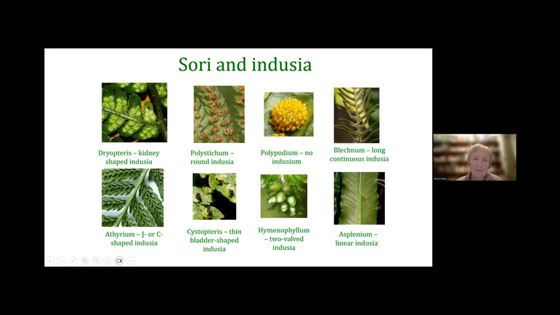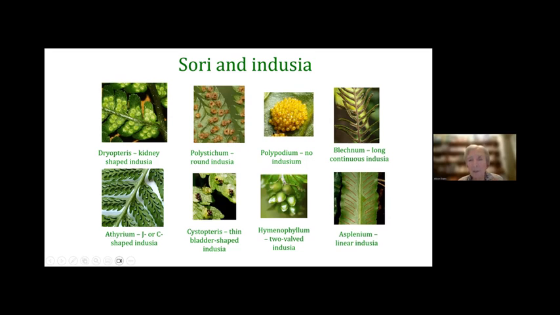And James Merriweather describes them, he says they're more like little bums than kidney-shaped. So that's Dryopteris. In the same family as Dryopteris are the Polystichums, and they also have a round indusium, but it's got a point in the middle. And that's because if you think like an umbrella, it's got a point of attachment in the middle of the indusium. So if you see this round indusium with the depression in the middle, you're probably looking at a Polystichum.